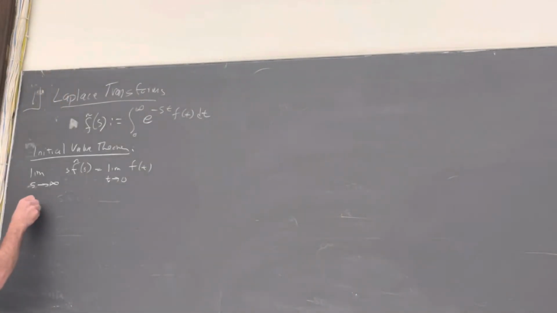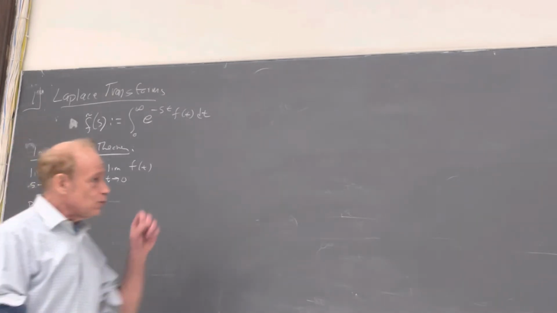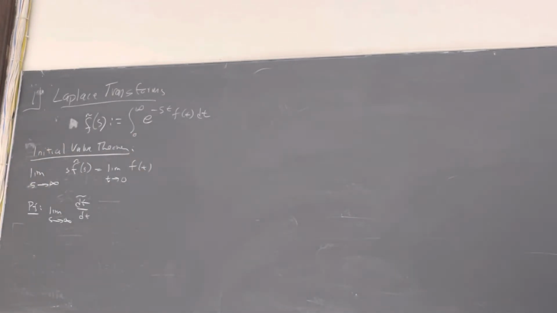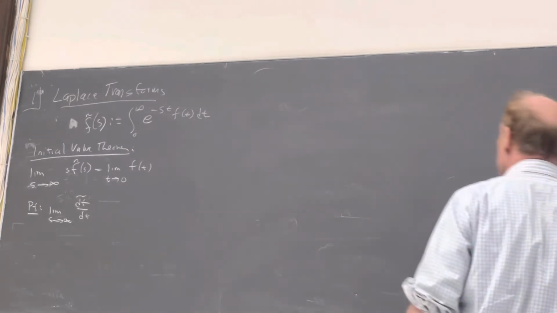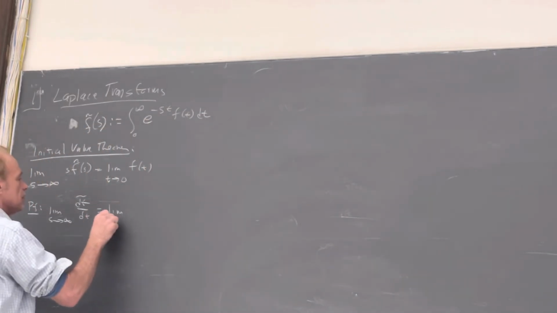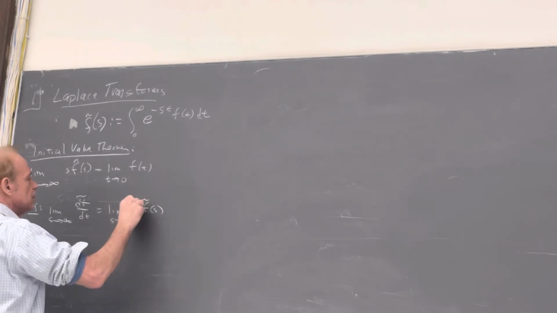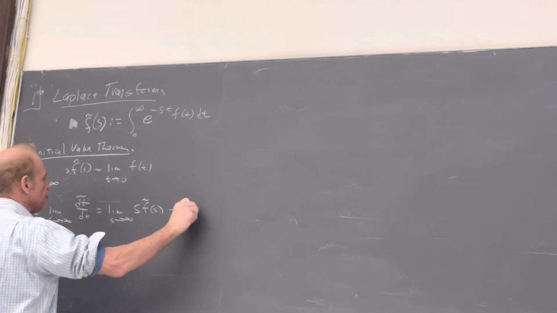Proof. The limit as s goes to infinity of the transform of df dt. Well, the transform of df dt we said is just this. So that's equal to the limit as s goes to infinity of s f tilde of s minus f0.